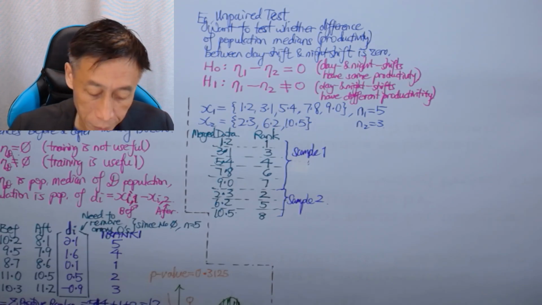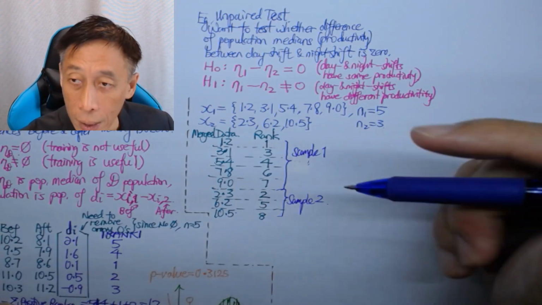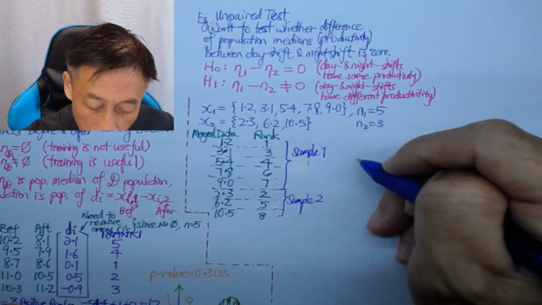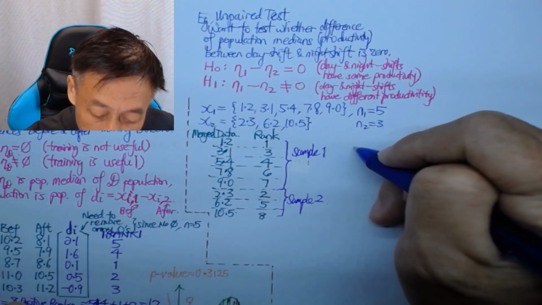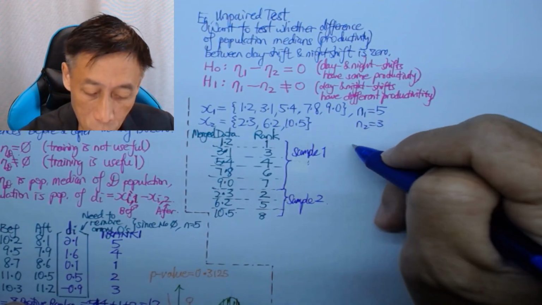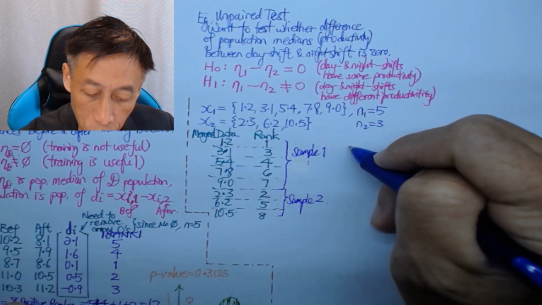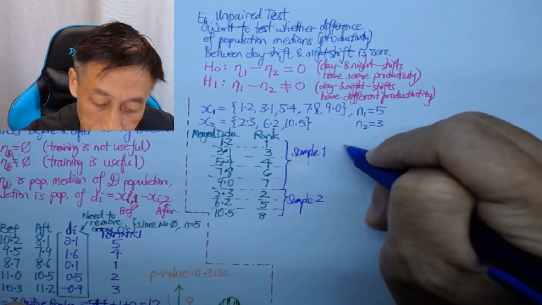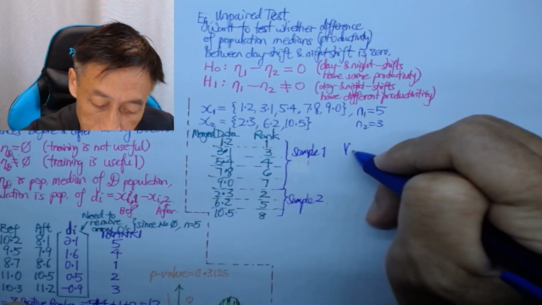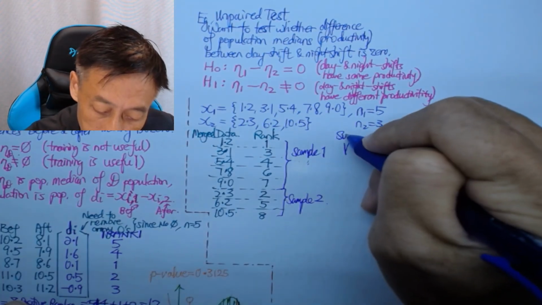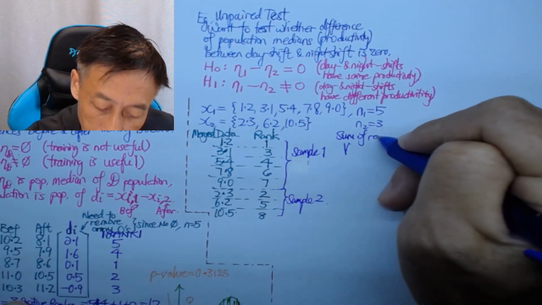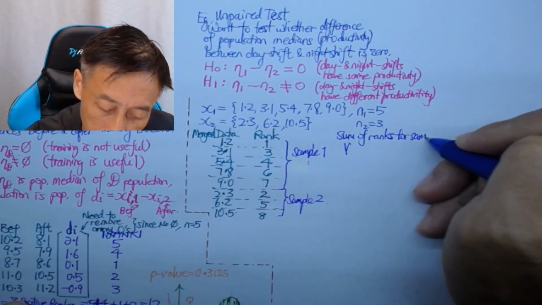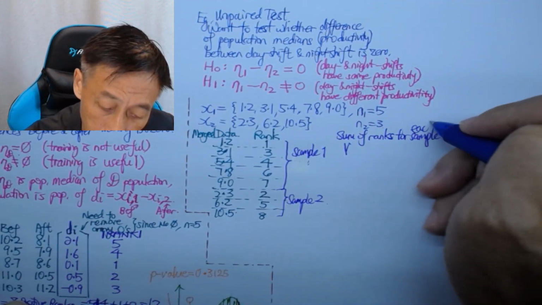So what's our calculation like? Let's look at V. So V is not U yet. V is the sum of ranks for each sample.